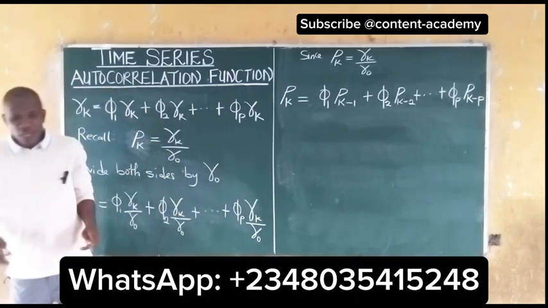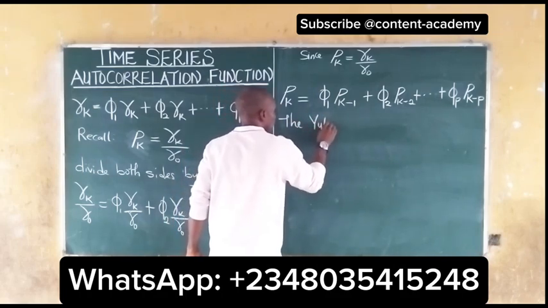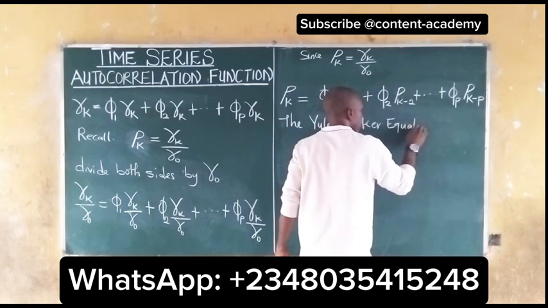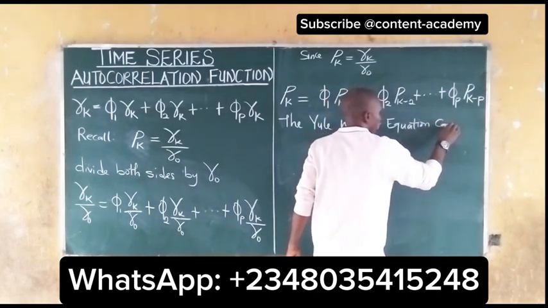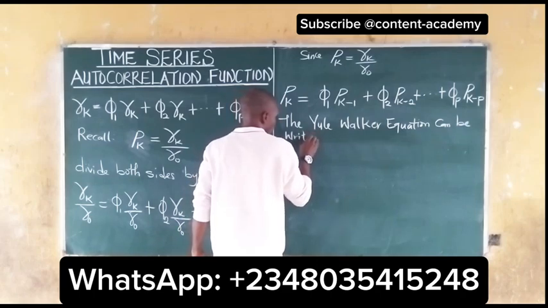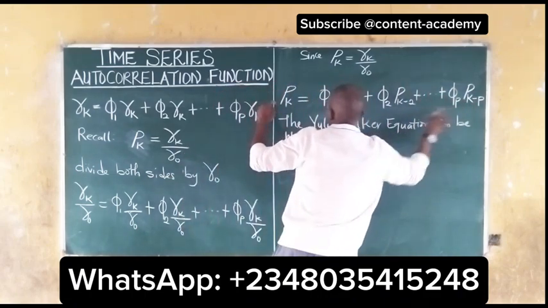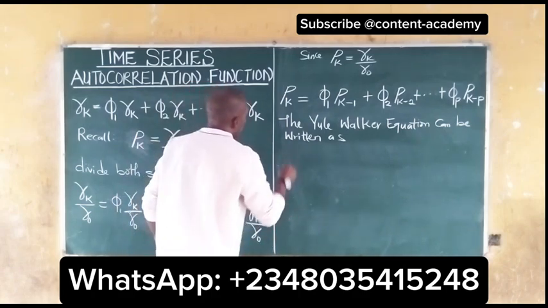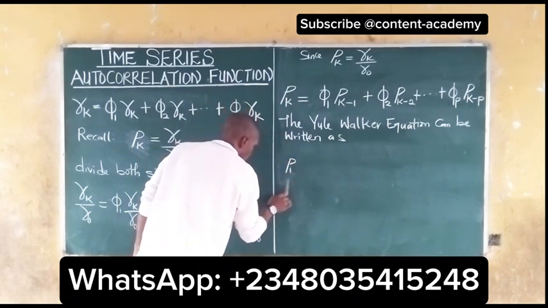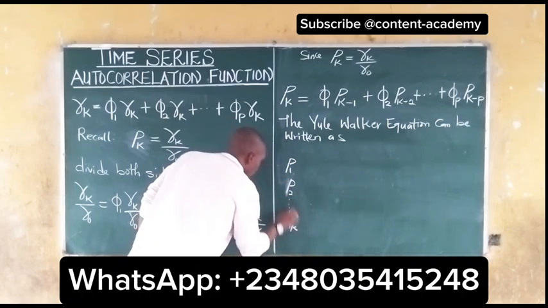The Yule-Walker equation can be written as, now we use the whole of this to form our matrix. For this we have rho 1 up to rho p.